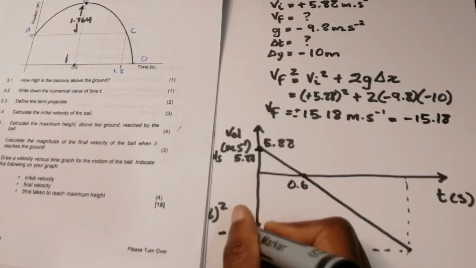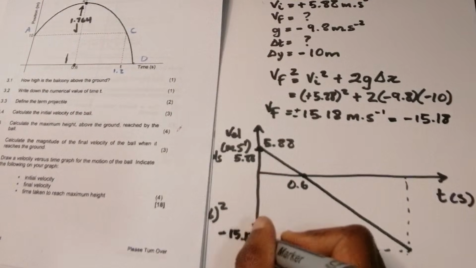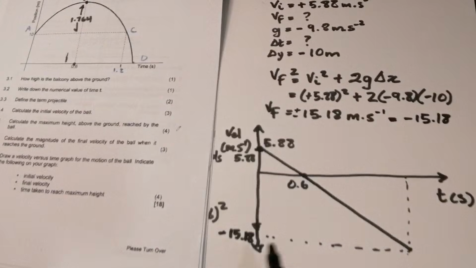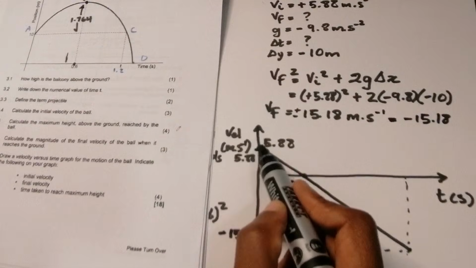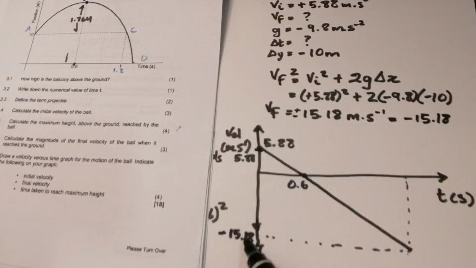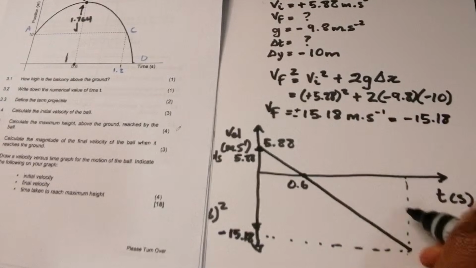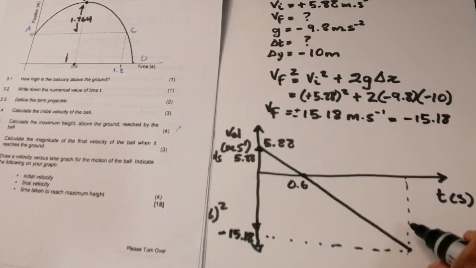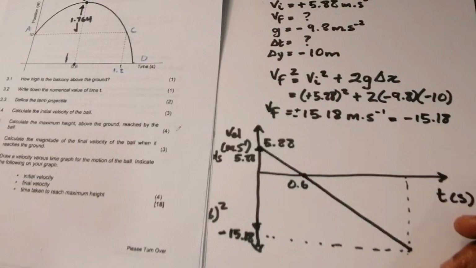So this is minus 15.88 meters per second. So it left at 5.88 and landed on the ground at minus 15.88. We didn't calculate the time that it took to land on the ground, but if we had that time, we'd insert it there. But if you don't have it, please don't even bother trying to get that value.